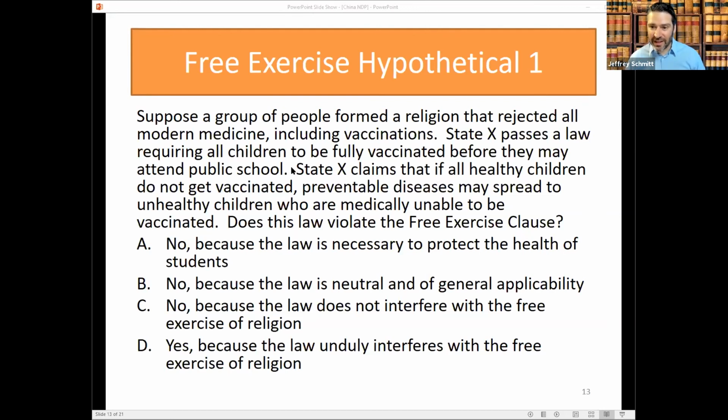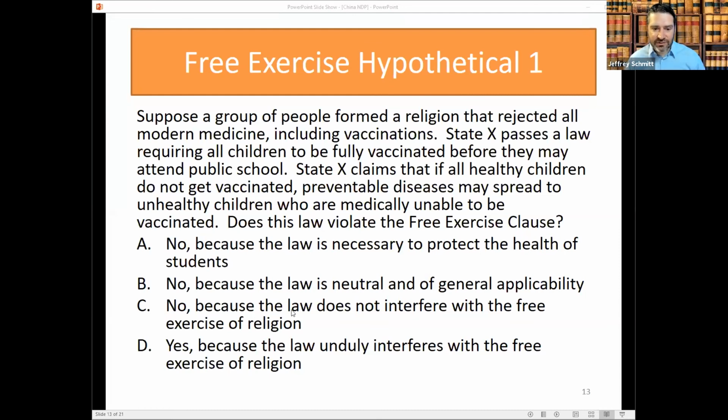Well, this is a real thing. This is not just a hypothetical. There are actually cases on this where parents are saying, we don't want our children vaccinated, sometimes for religious beliefs. And the court has said, no, vaccination laws are constitutional. They're not targeted at the religious beliefs. And there's that public safety need. We would get into other issues that could come up with that in the course.